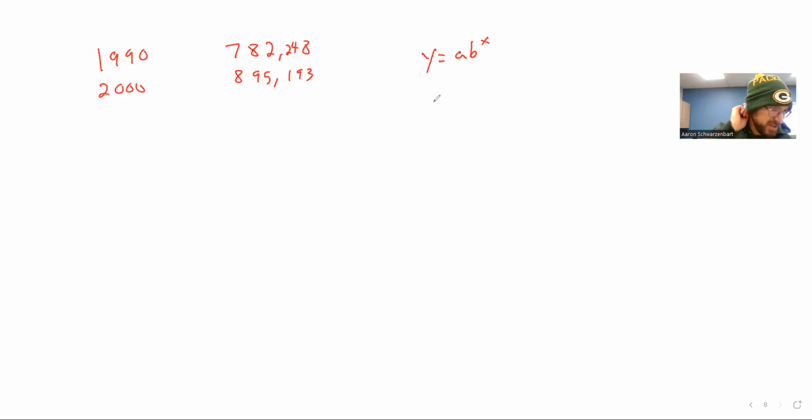So let the population be t years after 1990. So we know the initial population. This is year 0, and this equals year 10. I know that a is the y-intercept, so that becomes year 0, and I can use year 10 to find b.